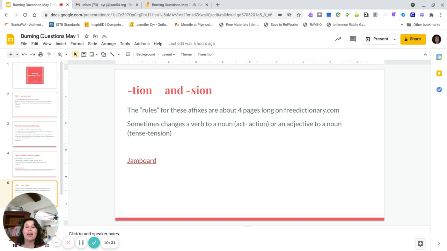It can change an adjective to a noun. If you're feeling tense, you have tension. Okay, so it has to do with the ION, which is a morpheme and a suffix. So you have to separate the TION from the SION, because basically the reasons why we use a T or an S, and we might say /shun/ or we might say /zhun/ for this one, okay, is that it has to do with the root or the base that it is attached to.